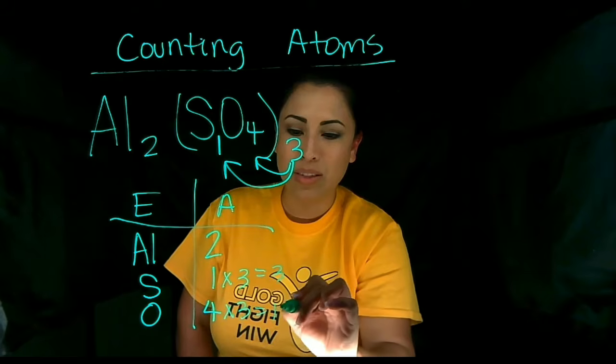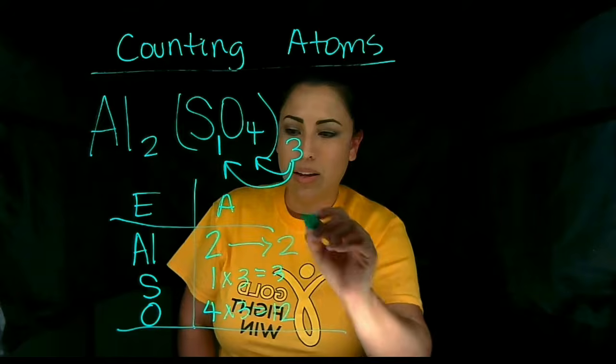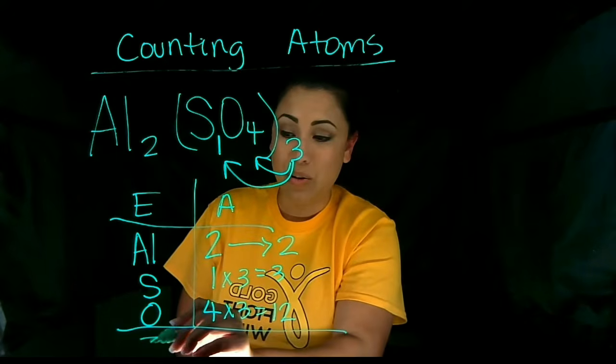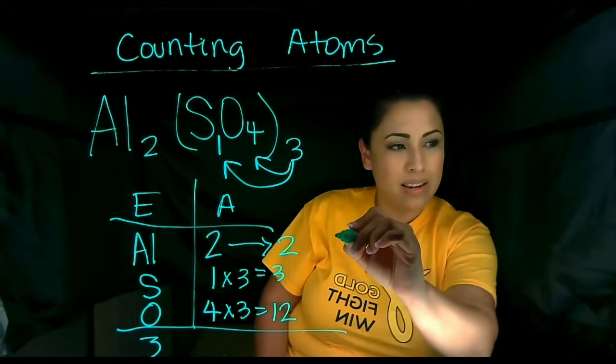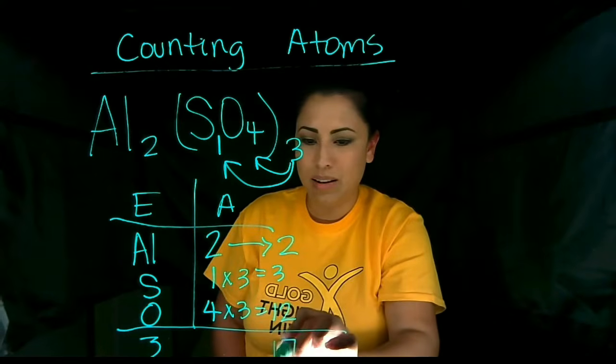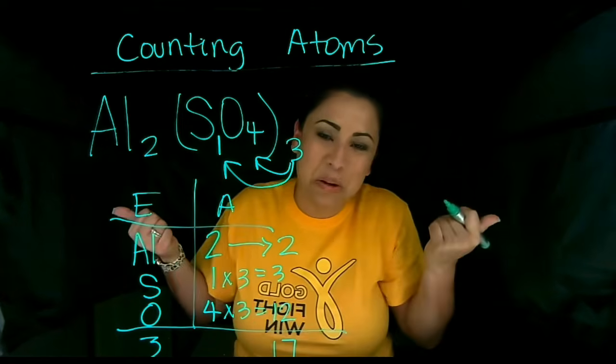How many O's? Bring over the 2. How many total elements? Total it out. Last step. 3 elements and 17 atoms. Good job. Not so bad, right?